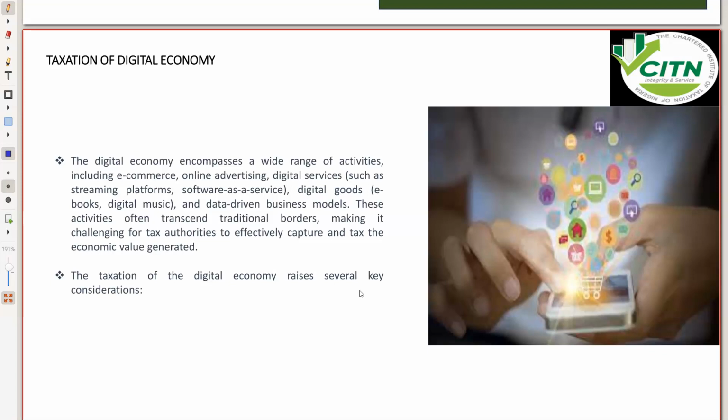So when we say digital economy, we're looking at a wide range of activities that are conducted via the internet, such as e-commerce, online advertising, digital services, digital goods, streaming, data-driven business models, and the like. Like we said, these activities would often transcend traditional borders. Those organizations don't stay in your country. When they earn money, the money is going directly to them over there.